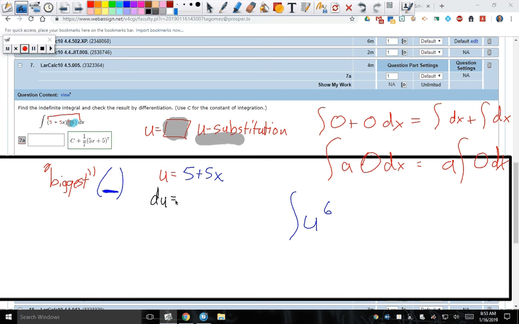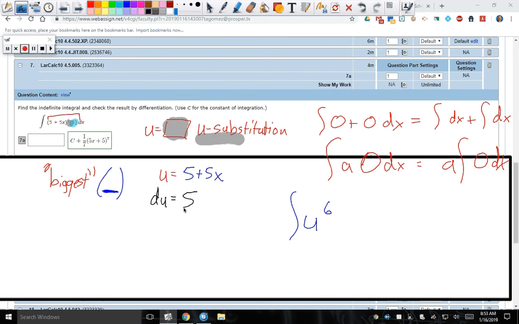So if I took the derivative of this, it's going to be just 5, right? My respect is going to change now to du. So now, wherever I saw 5, I'm going to replace it with du.